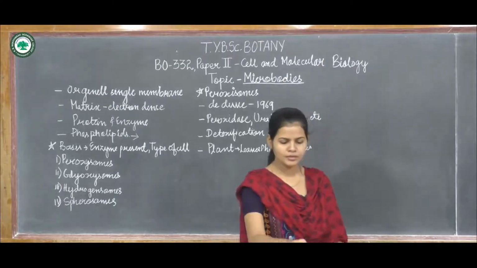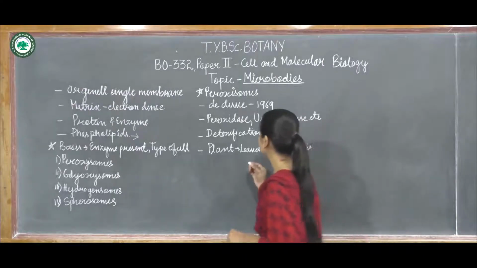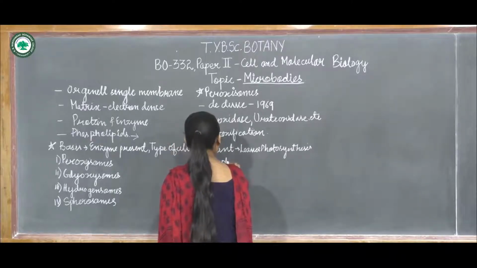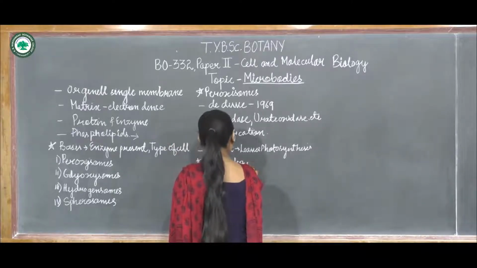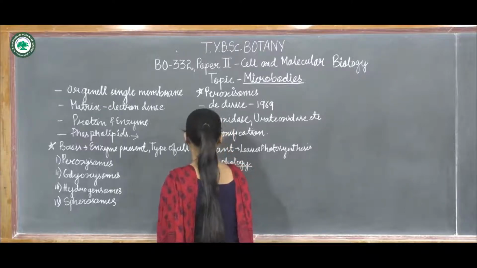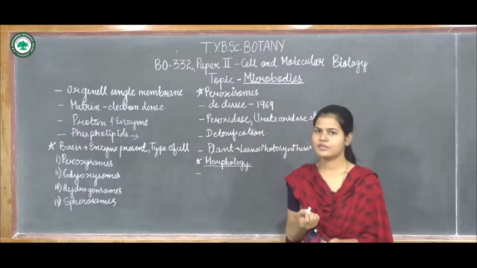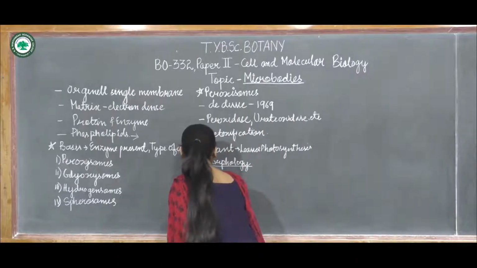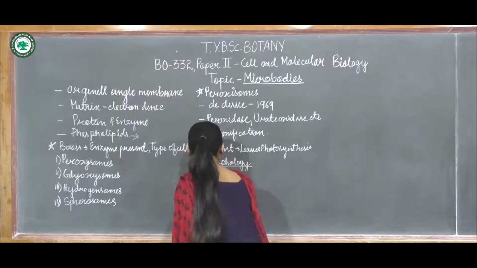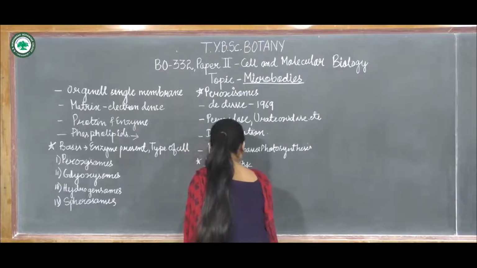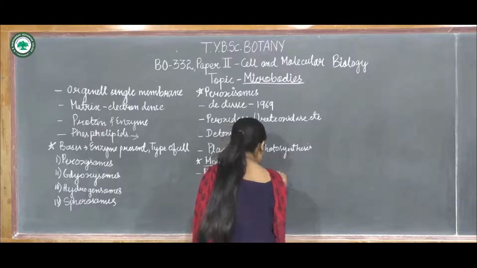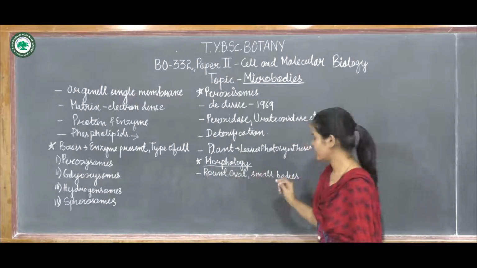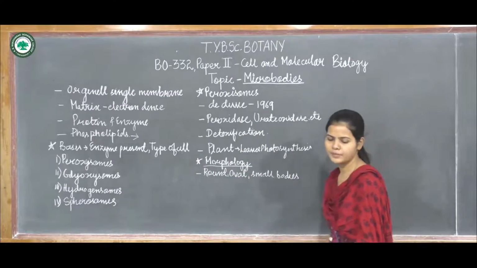Now we will see the morphology of peroxisome. We have already discussed, it is mostly round or oval. So they are mostly round, oval or small bodies that may be spherical.